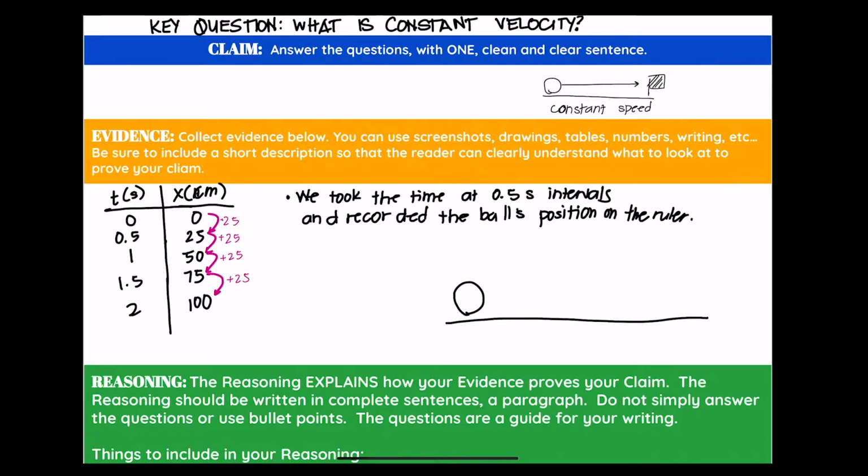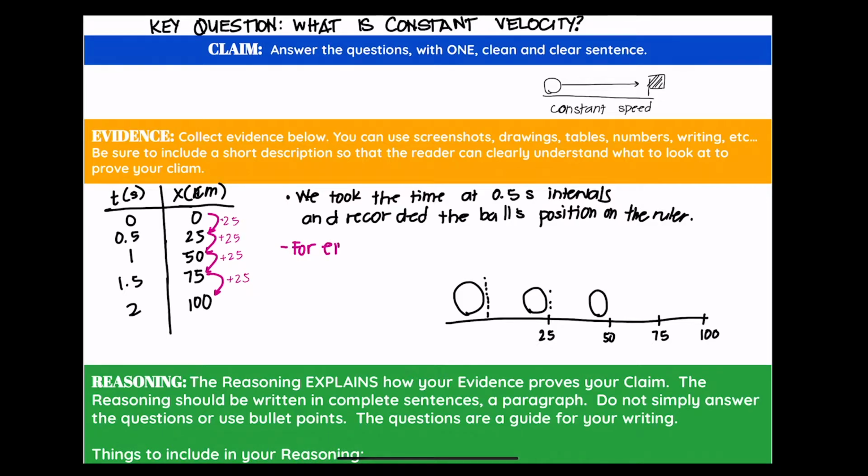All right, and then we also wanted to say that we looked at the front of the bowling ball, and at every time we hit 0.5 seconds, and at 1 second, and then at 1.5, and then at 2, the bowling ball's front happened to be at 25, at 50, 75, and 100.